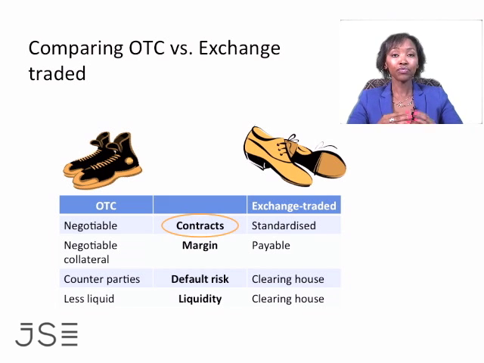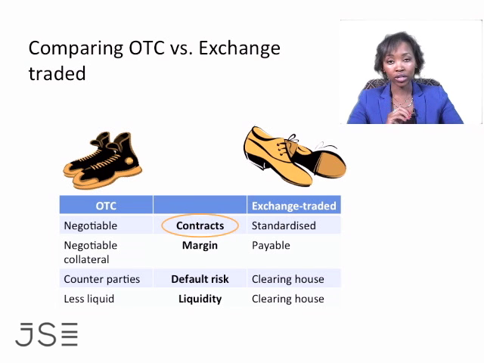So for example, if you wanted to trade $1 million via the exchange, apart from the maxi contracts, the usual futures contracts go up in increments of $1,000. So you couldn't get odd amounts like $1,235,000, whereas on the OTC market you could.